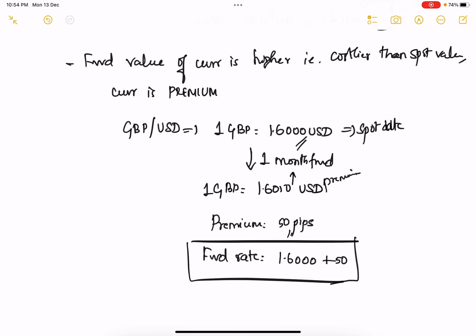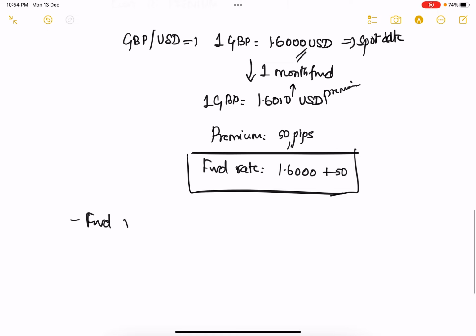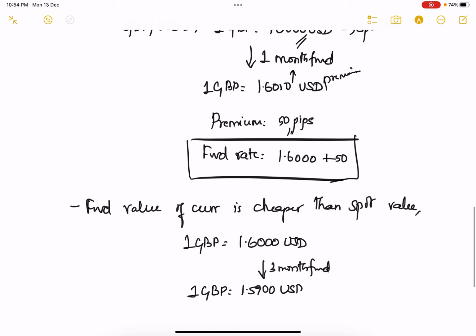So similarly, if forward value of currency is cheaper than spot value, for example, one GBP is 1.6 USD, and for example 3 month forward it is 1.59 USD.